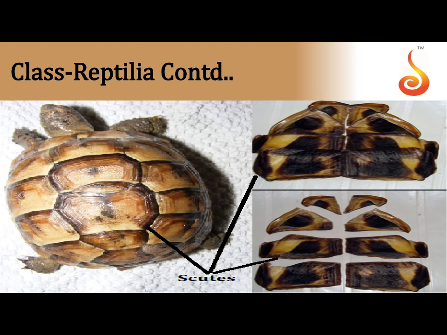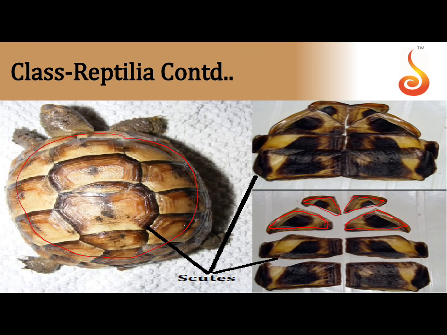Now, turtle scutes are very important to be understood. Why? Because if you see, these plates are all separated, which come together and form a single shell-like structure. Whereas in other reptiles, we will see that the complete scute is together.